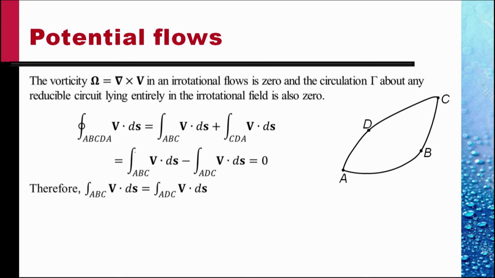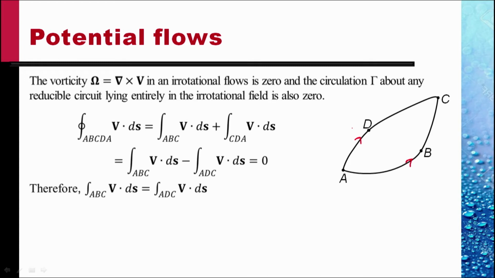We can reverse the direction from CDA to ADC to get the circulation about the whole circuit as the integral of v dot ds over ABC minus the integral over the path ADC. Therefore, the integral about the path ABC is the same as the integral about ADC.